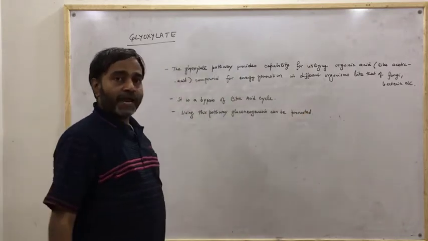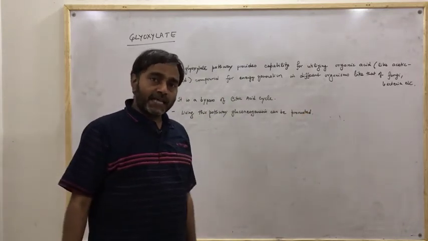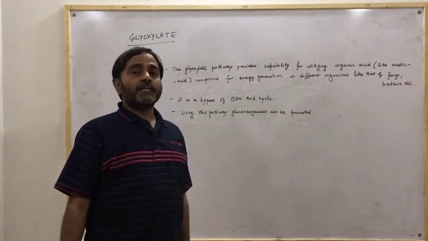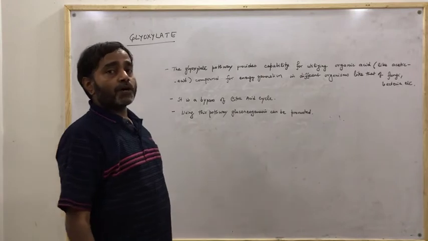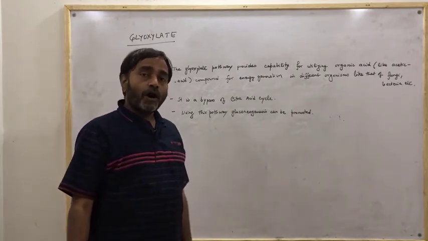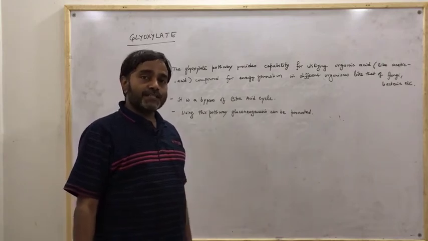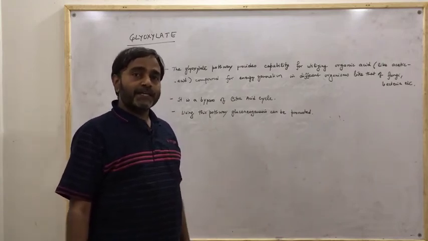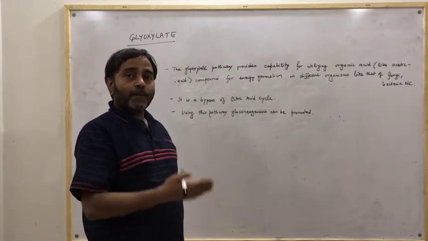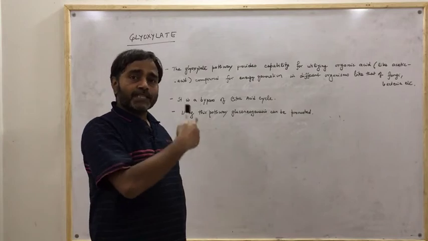Also, one important fact related to this is that it is a matter of research in the field of pharmaceuticals also. Why? Because the tuberculosis causing bacteria or fungi which are causing diseases may be inhibited by blocking this pathway.